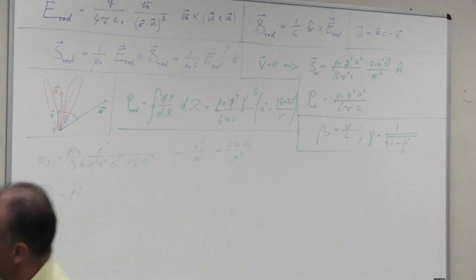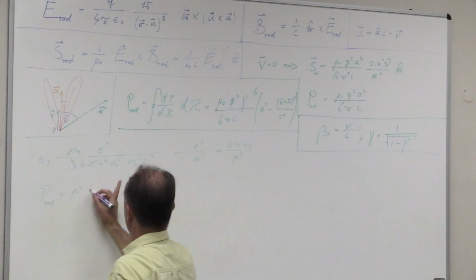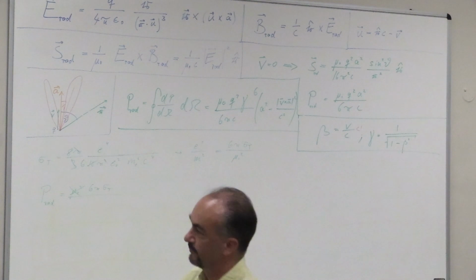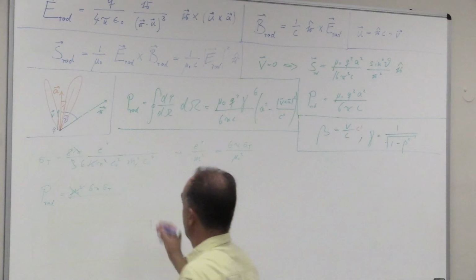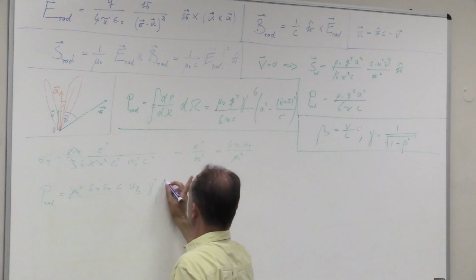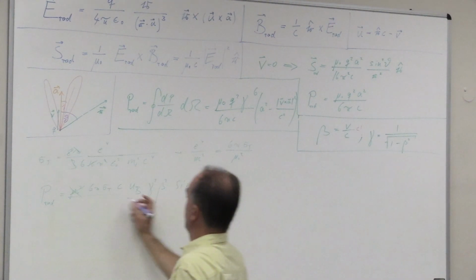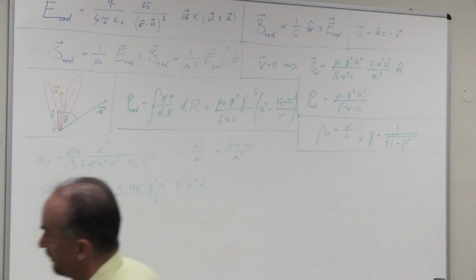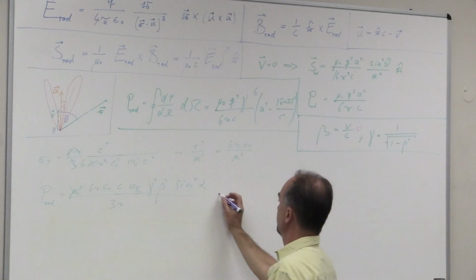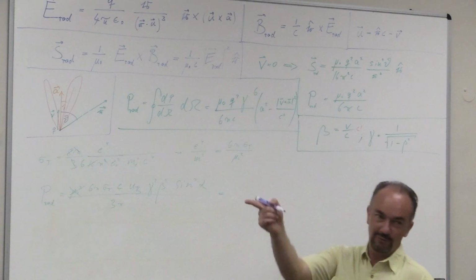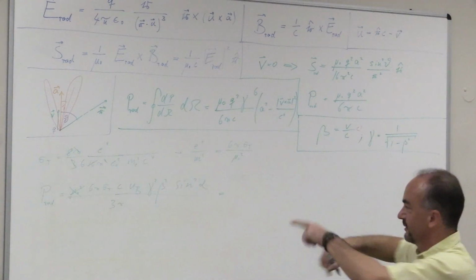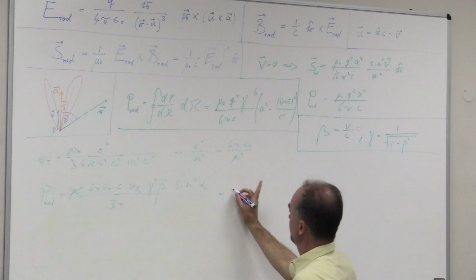So e to the 4th over m squared, we've just figured out here, is 6 pi sigma Thomson over mu naught squared, times c, energy density in magnetic fields, gamma squared, beta squared, sine squared alpha, over 3 pi. Okay, that looks nice. That looks much simpler than what we had before, so sorry for all the detours here, but the end result actually makes this very nice.